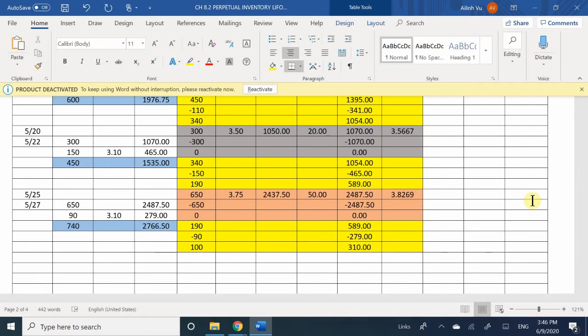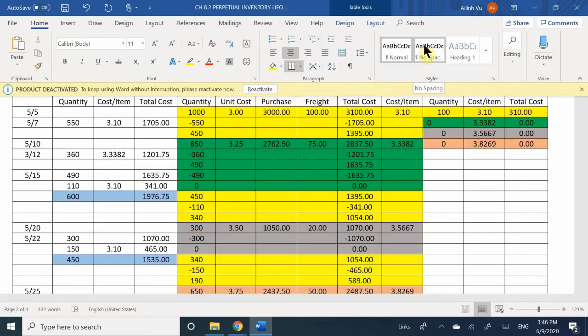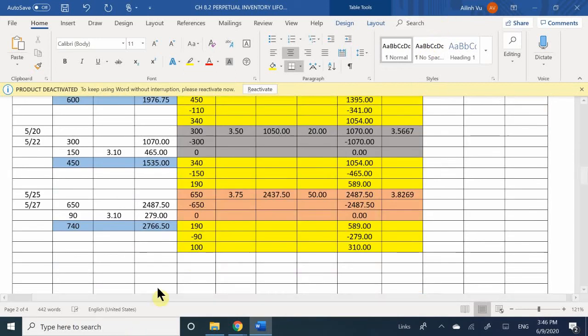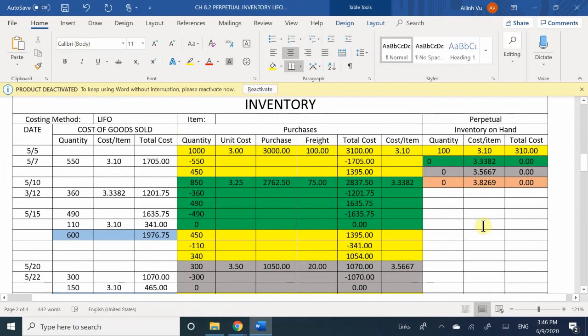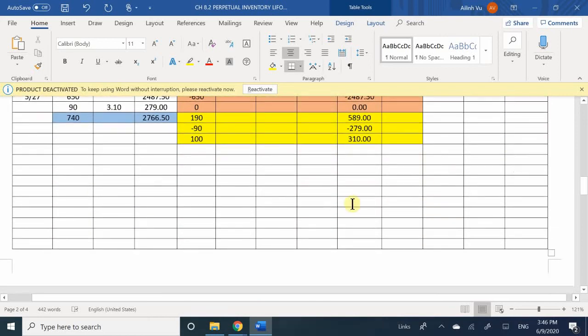Okay. If you vaguely remember the last scenario, we ended up with $385 or something like that, right? Now with LIFO, we're selling out our most expensive stuff first, and it's going to leave us with $310 left in inventory.